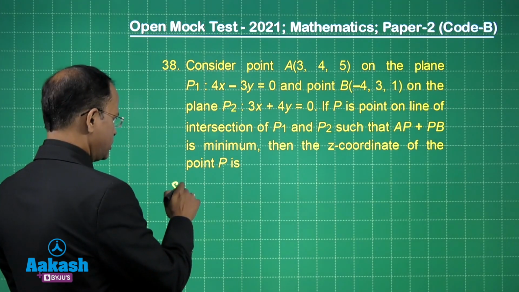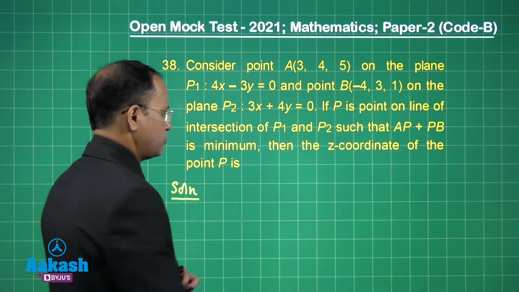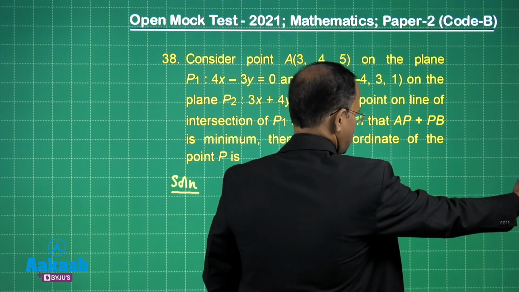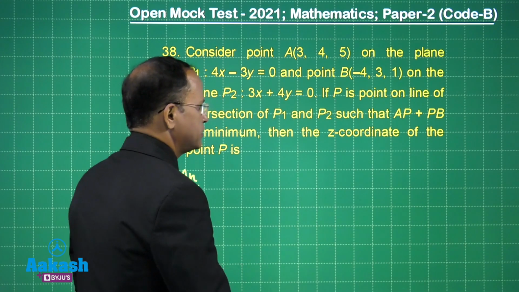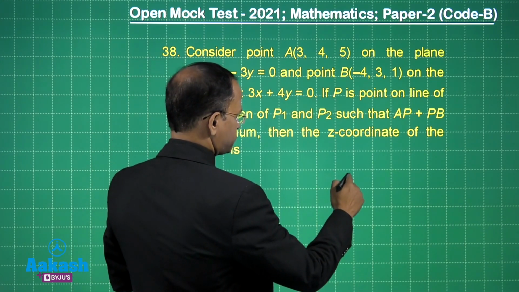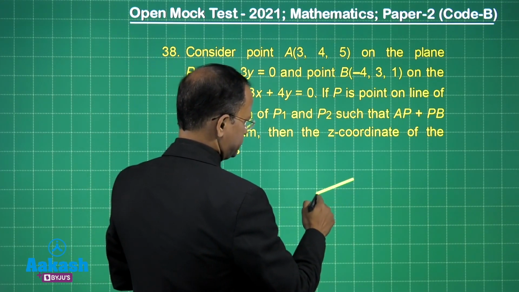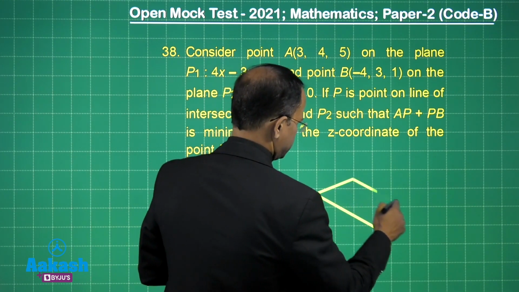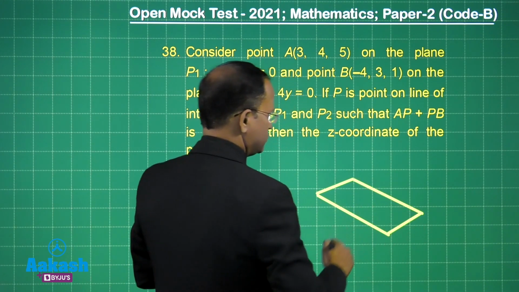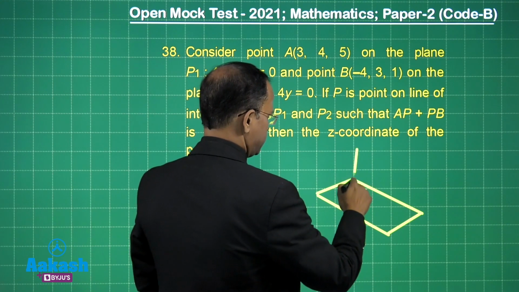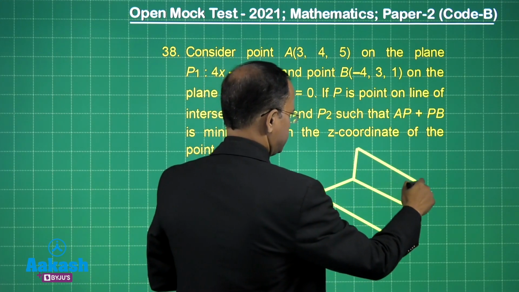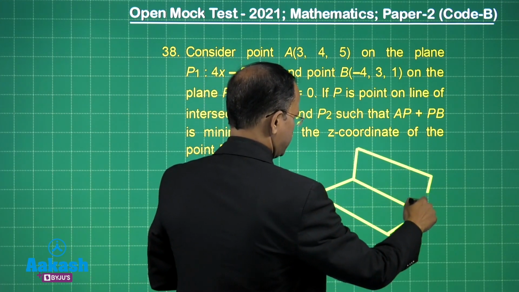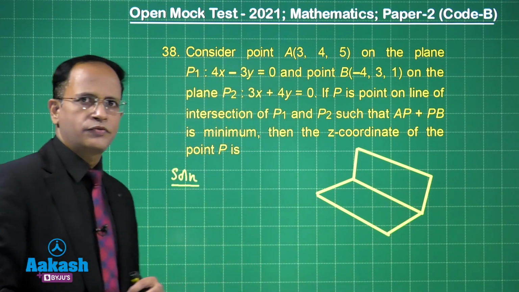Let's draw the plane first. So if we talk about the plane here, friends, let's understand. It's a very interesting problem. We have the plane here. These are the two planes we have.